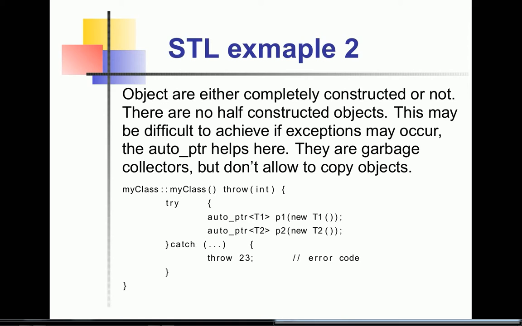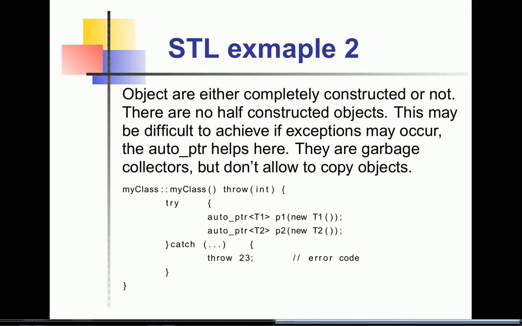That means exceptions are always a problem if you have no garbage collection, because the exceptions might change the control flow of the program and manual deletion might not happen. So you can use auto pointers, which are a kind of garbage collection but don't allow the copying of objects.